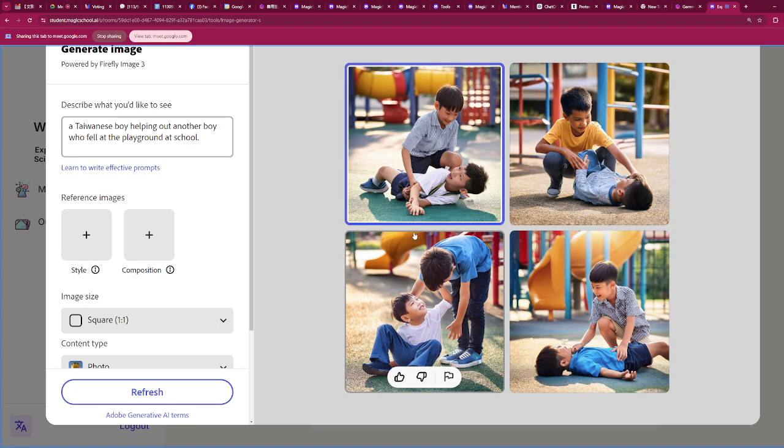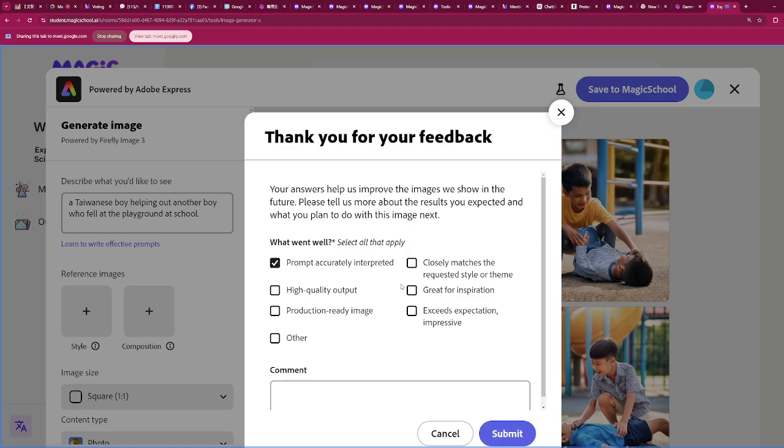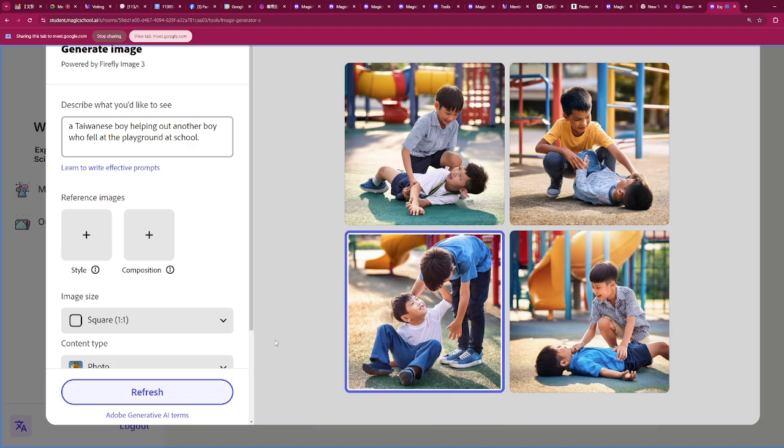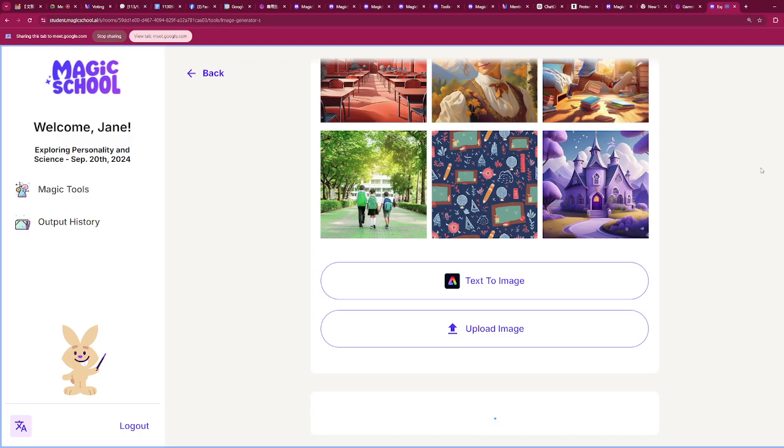But let's see. Perhaps this one is better. What do you guys think? Alright, prompt actually matches style, theme, high quality. Okay, submit. Alright, so I would select this one and save to MagicSchool.